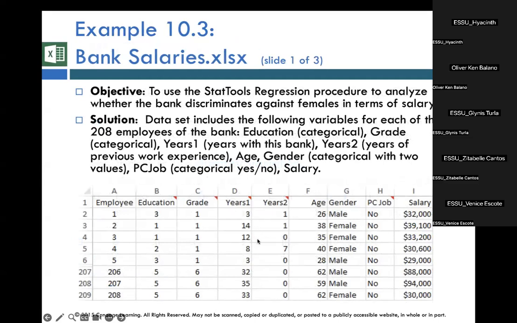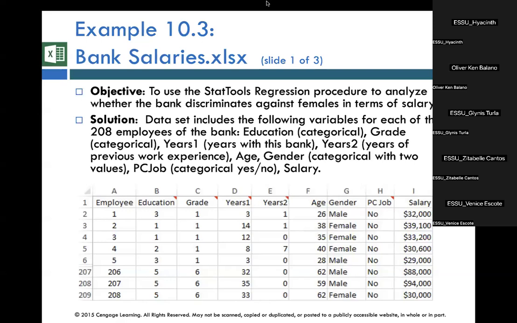Look at this example. We have information like education, grade, years of study, age, gender, and job. The job contains two categories, yes or no. This is subject to dummy variables. Also with gender, we only have two values, female or male.